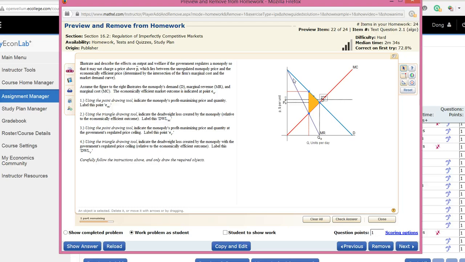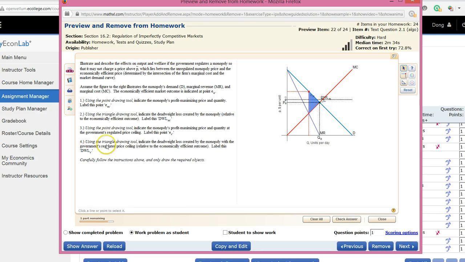For the producers, the price is here but the marginal cost is only here, so this trapezoid is the producer surplus, and this triangle is the deadweight loss.